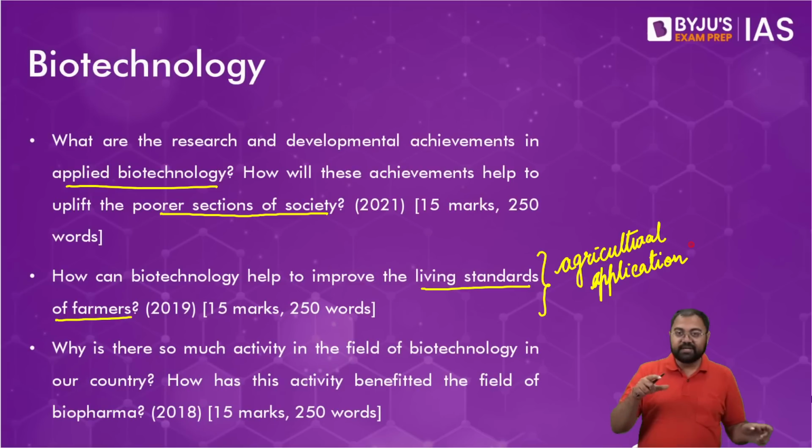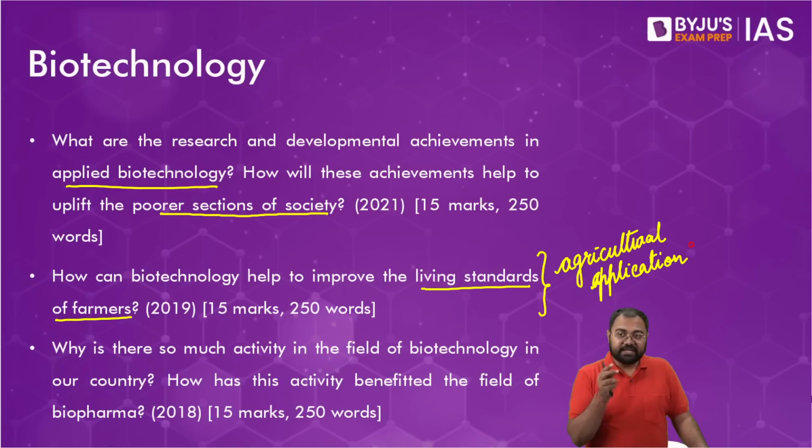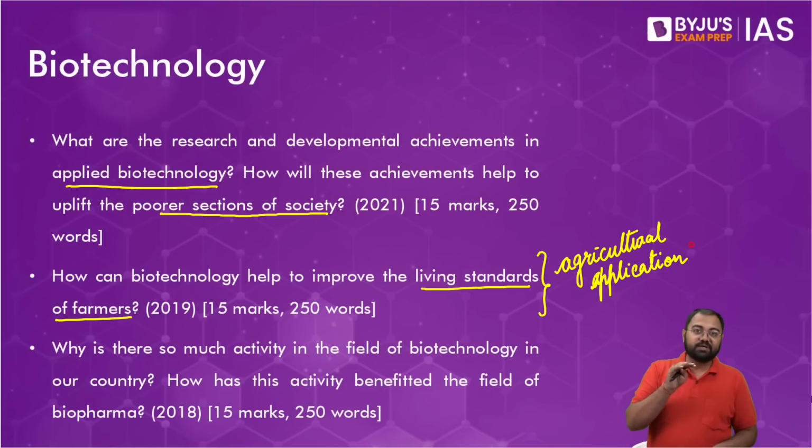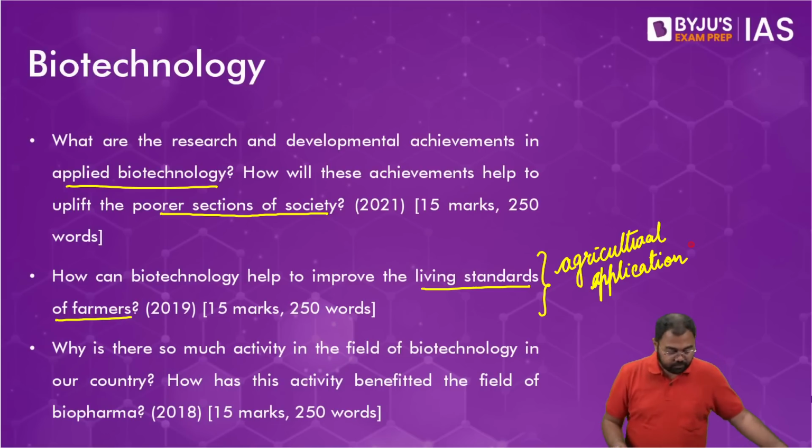The question is not directly about how biotechnology helps in agriculture. The question is about how it helps the living standards of farmers, right? So you'll also have to mend your way of writing the answer. Otherwise it's only about agricultural application.